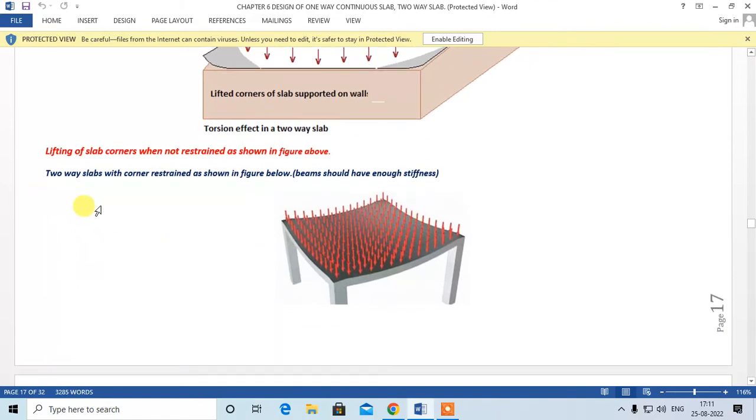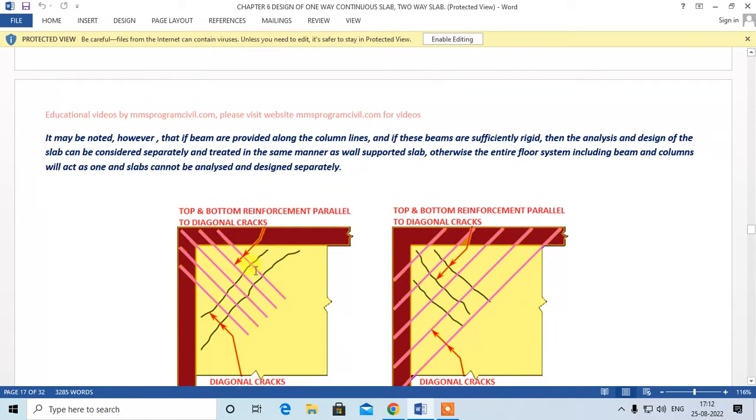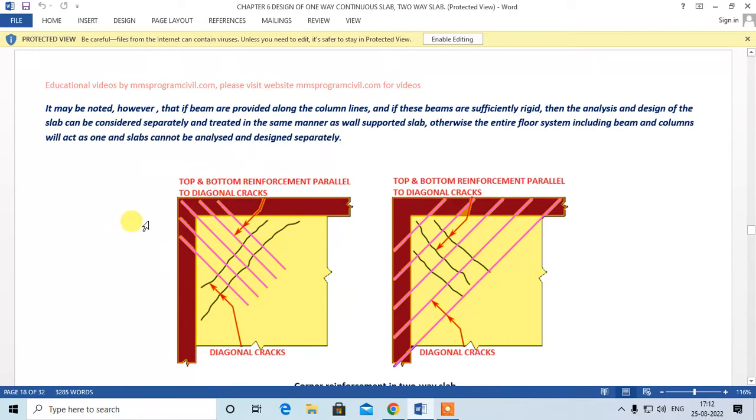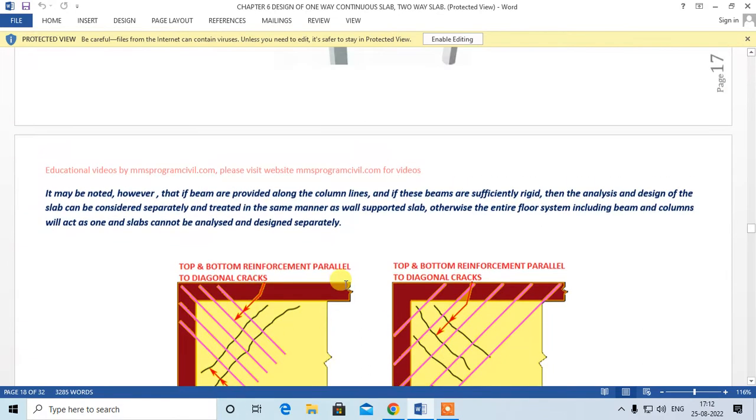The second type is when the beam and slab are cast monolithically, that is, two-way slab with corner restraint as shown in the figure below. When they are cast monolithically, there will be no uplifting of corners, and so you will have cracks in this direction and in this direction.